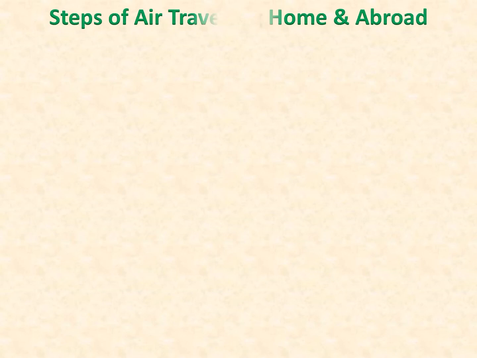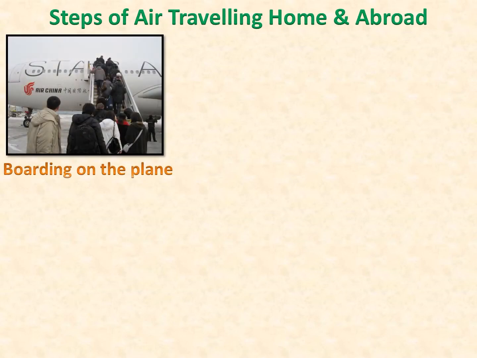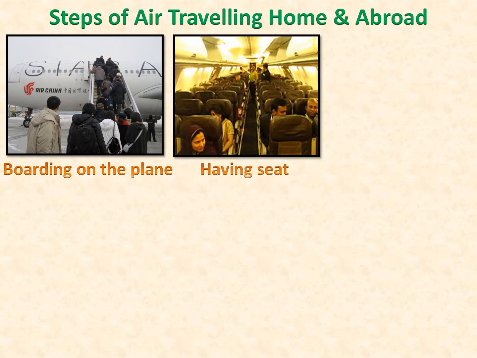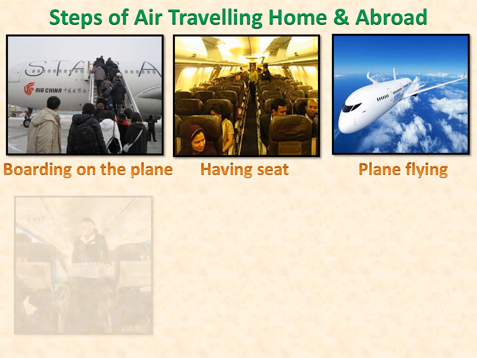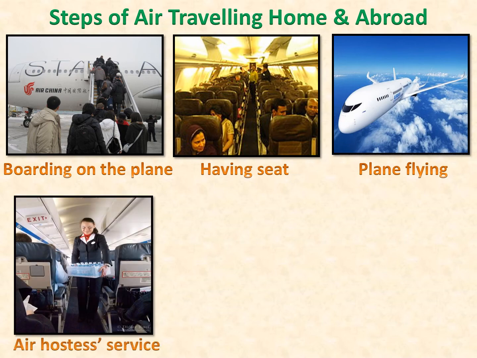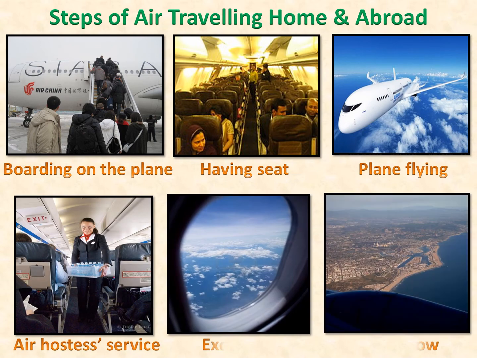After that, you will have to board the plane, and you have to find out your seat and take it, and the plane will take off. After some time, an air hostess will arrive to serve you some snacks, and if you're lucky you will have a seat by the window, and from there you can see the scenes around the plane or below the plane.